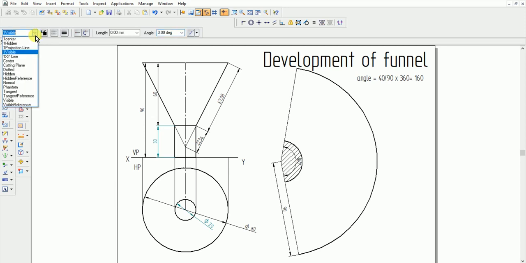Now, since we are doing seaming for the frustum of the cone in order to join the two ends, let us mark that as well, which would be 5 mm. And from this point 5 mm as well.